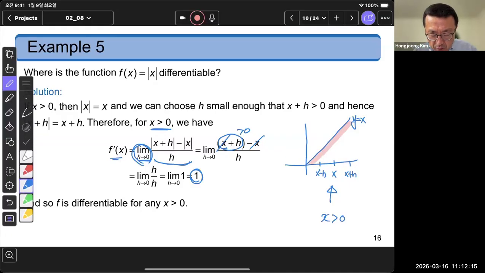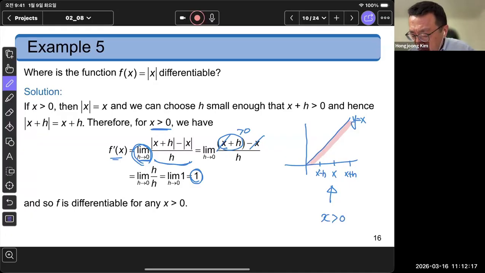So this red one is the tangent line with the slope 1. 1 is the slope of that red line at every point to the right of 0, right?